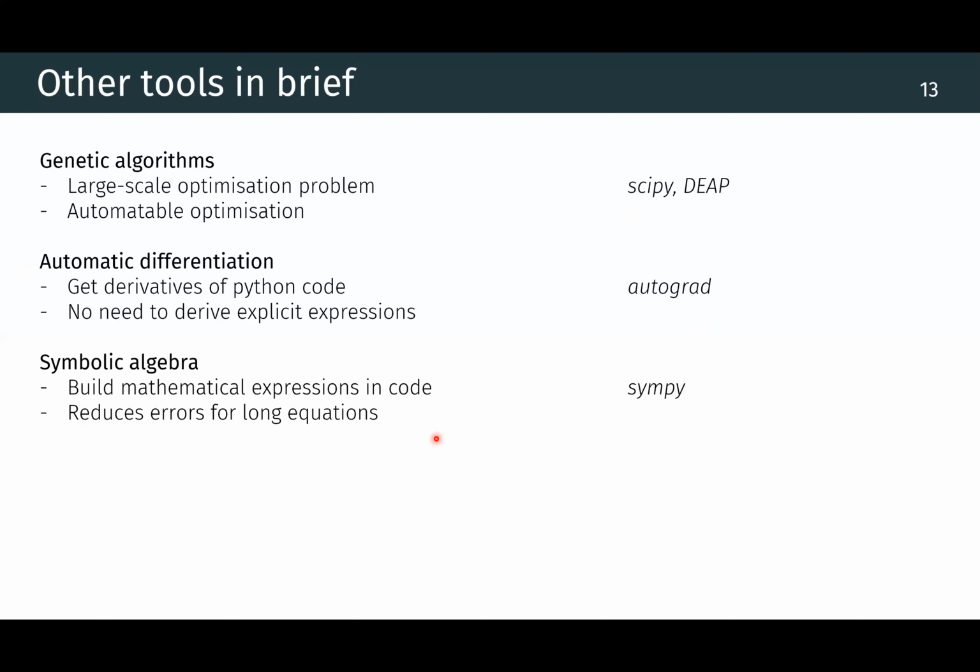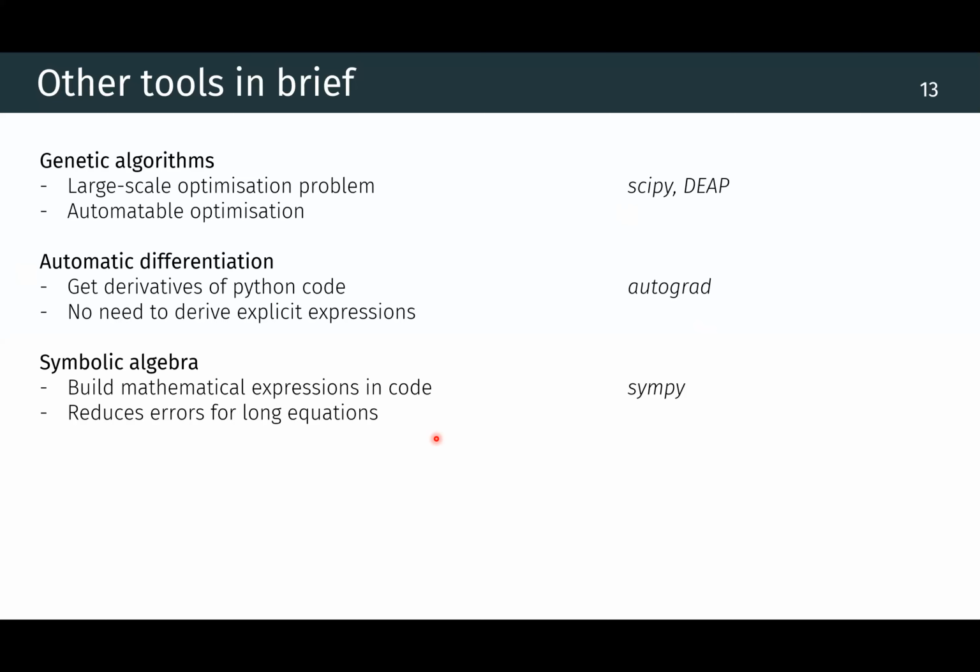And the last thing I want to talk about will be symbolic algebra, where the idea is changing equations or deriving equations, in particular if they are lengthy, which can be a pain to do by hand and is error prone. Now, you probably know that you can do something like that in Mathematica or MATLAB or whatever computer algebra system you might prefer.